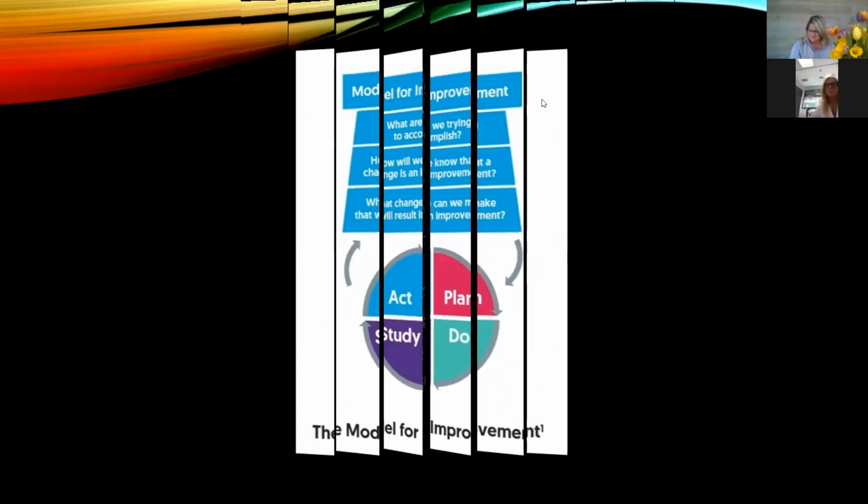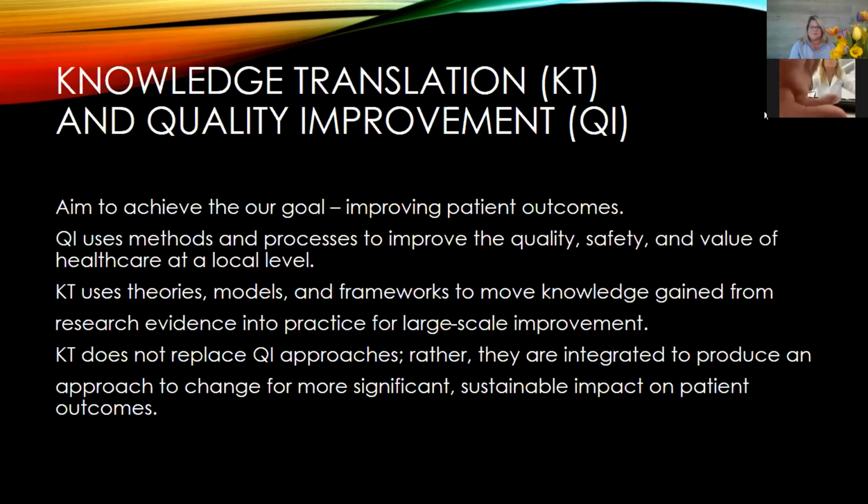Knowledge translation and quality improvement. There are differences between them. We aim to achieve our goal, to improve our patient outcomes. Quality improvement uses methods and processes to improve the quality, safety, and value of healthcare at the local level.